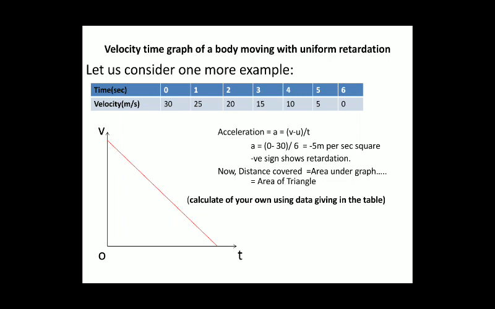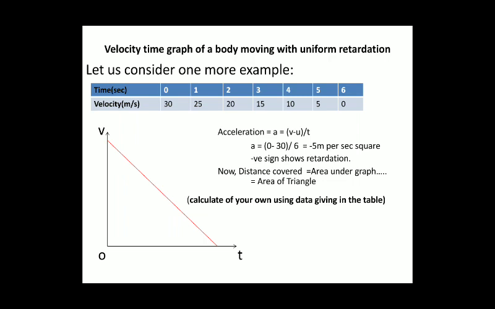V is the final velocity, that is 0, and u is the initial velocity, that is 30. So 0 minus 30 comes out to be minus 30, in 6 seconds. So minus 5 meter per second square, right? This negative sign is showing us the retardation. So if the graph is sloping down, and after a particular time the velocity becomes 0, that is the uniform retardation motion.